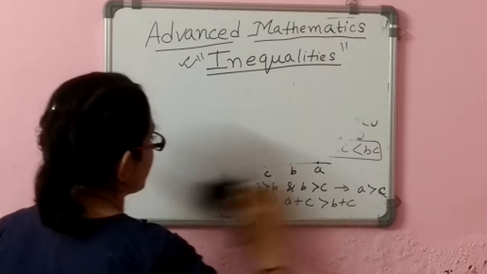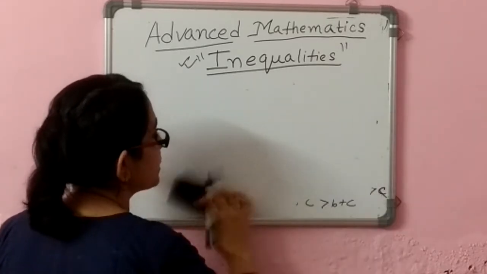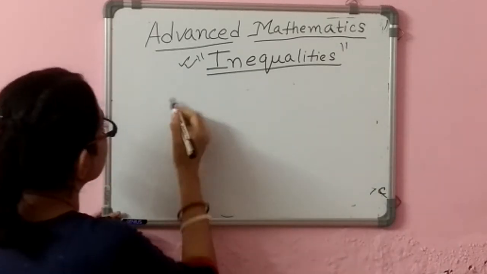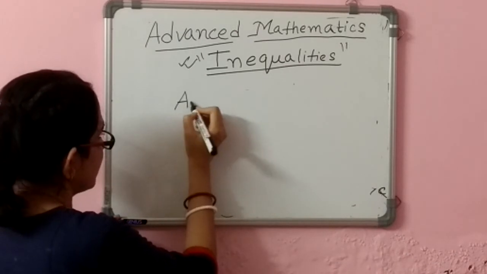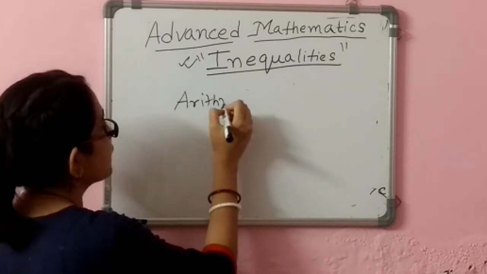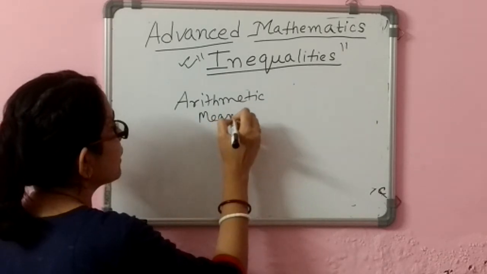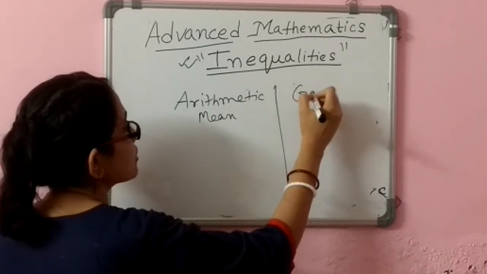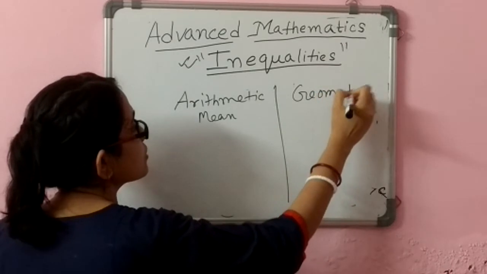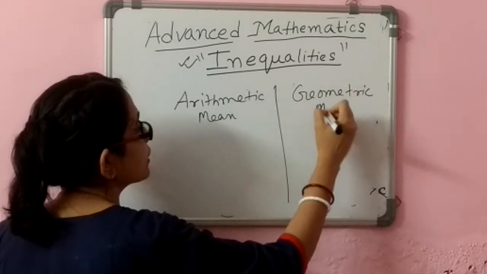The third subtopic is arithmetic mean and geometric mean.